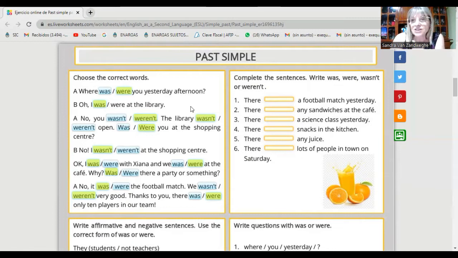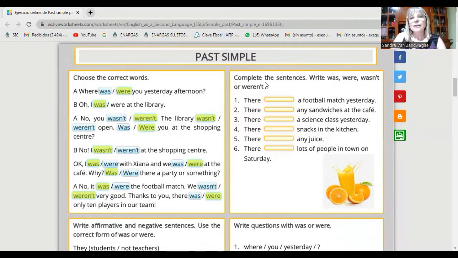Was there a party or something? No, it was the football match. We weren't very good. Thanks to you, there were only 10 players in our team. ¿Qué había pasado? Se olvidó de que tenía el partido de fútbol. There were only. Hubo solamente 10 jugadoras en nuestro equipo. O jugadores en nuestro equipo.